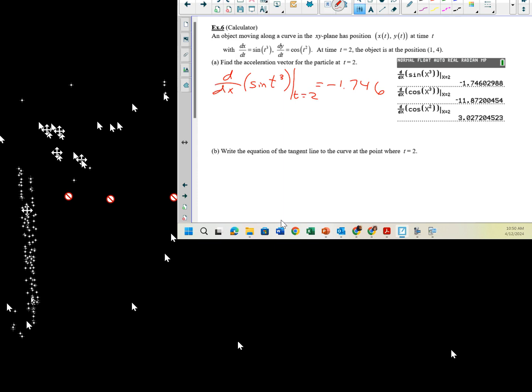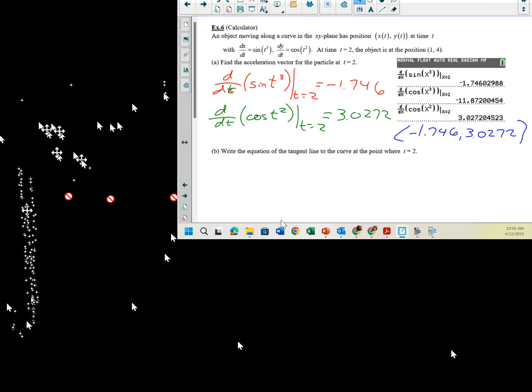Let the calculator do the derivative evaluating. d over dt of the cosine of t squared at t equals 2 is 3.0272. So my actual acceleration vector is negative 1.746, comma 3.0272. Let the calculator do the math for you.